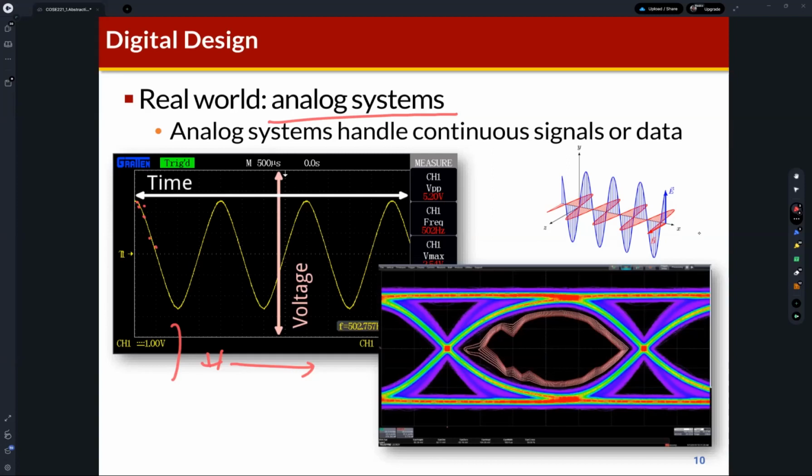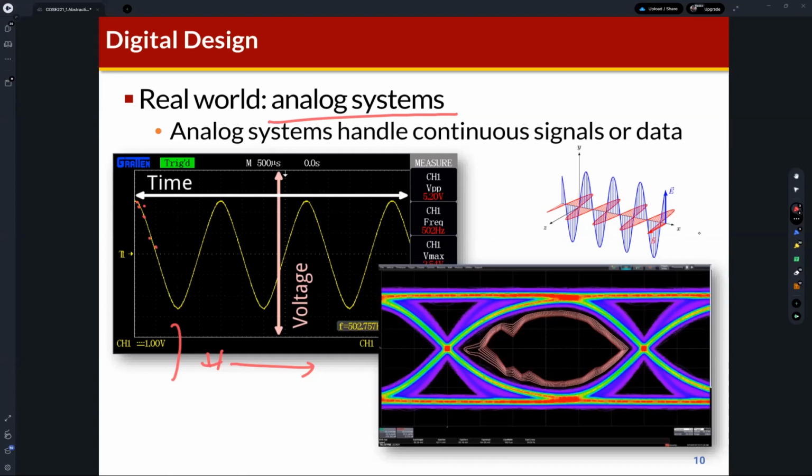If we use a smartphone, it communicates via electromagnetic waves, like 5 gigahertz waves. These waves are analog signals, right?